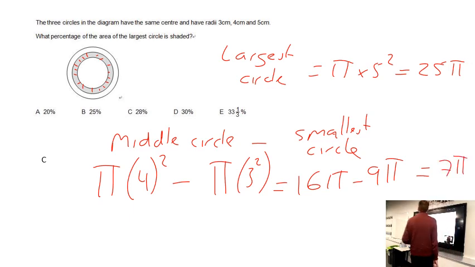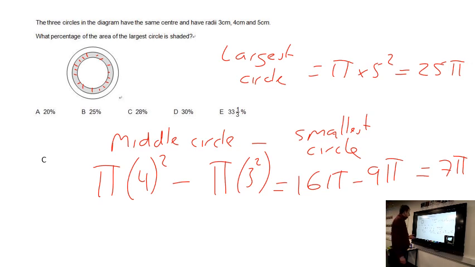Okay. So we want to work out a percentage of the shaded area. So the percentage of the large circle which is shaded. So the shaded region is a fraction of 7 pi over the large circle, which is 25 pi.